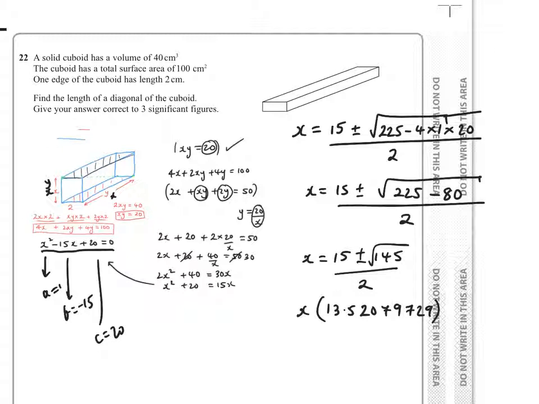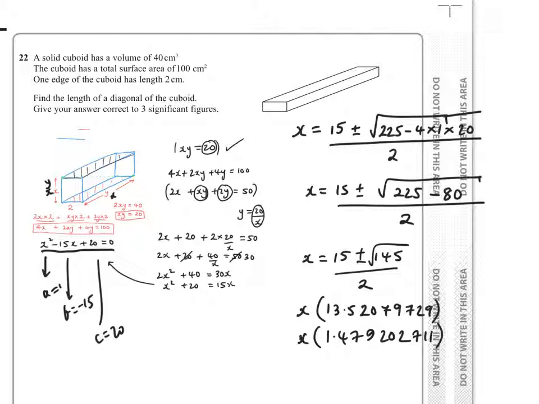Or I can do 15 minus the square root of 145, the whole thing divided by 2, and that gives me x could be 1.479202711.